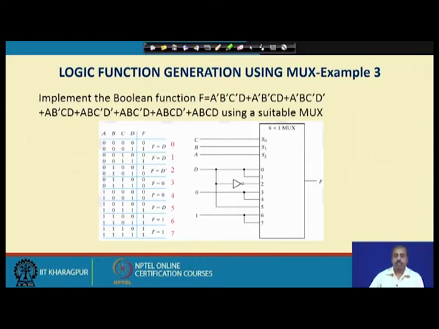So, it goes like this. I can take help of a few lines and inverters to feed the data lines of the multiplexer, and accordingly I can get the 4 input function realized using an 8:1 multiplexer.